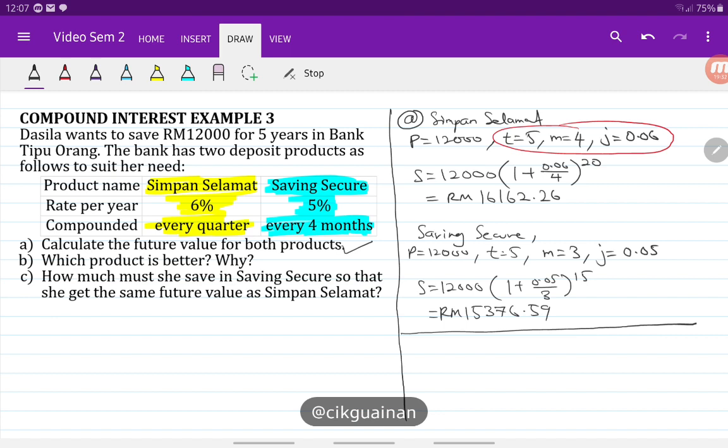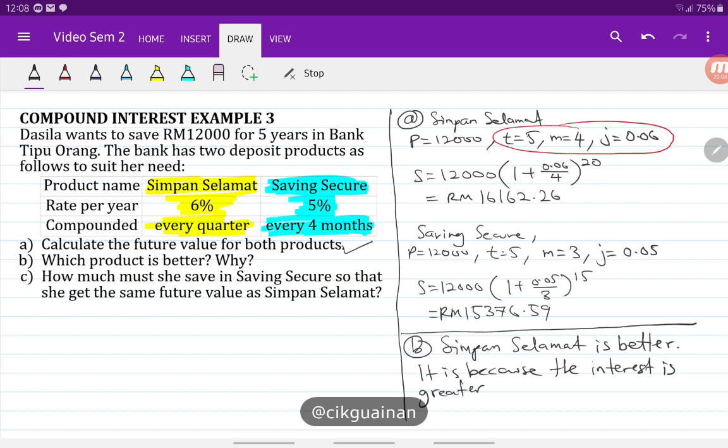Now, which product is better? Why? Clearly Simpan Selamat is better, because the interest is greater. Not the interest rate, the interest is greater. Why?